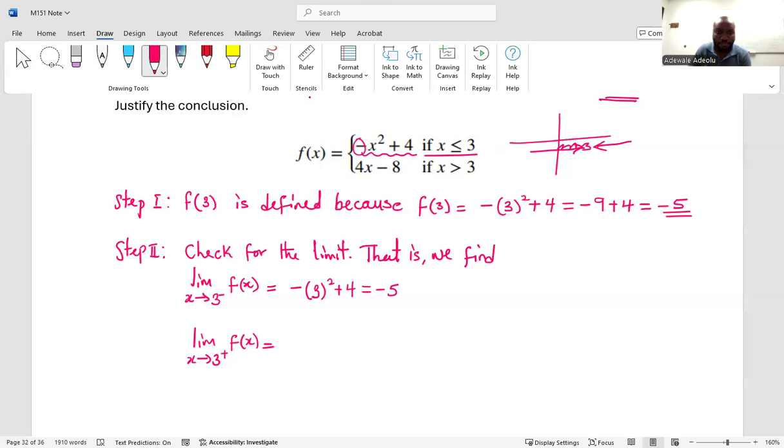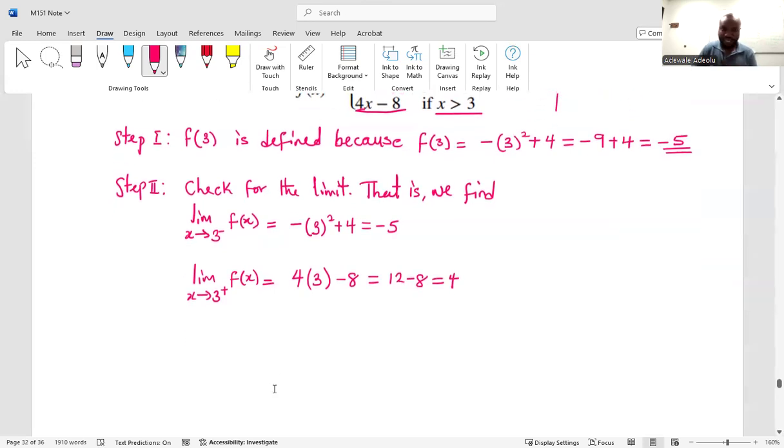Now let us see from the right. So from the right, look at the domain. Any value that is more than 3, use this function. So that is 4 times 3 minus 8, which gives us 12 minus 8, which is 4.